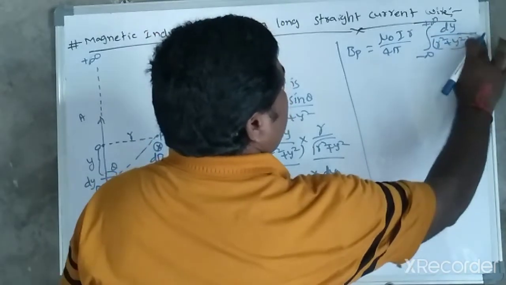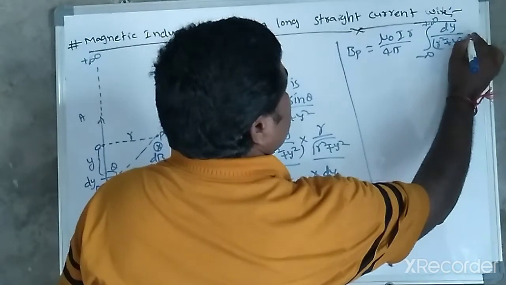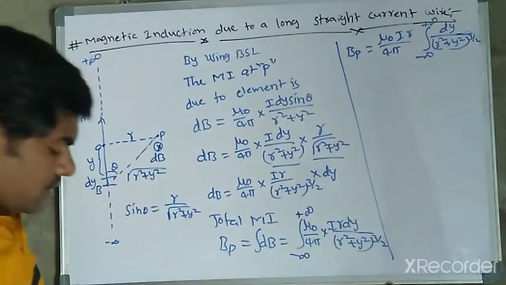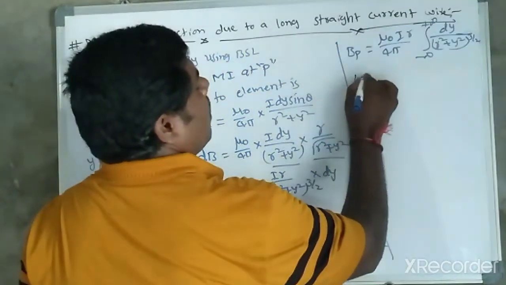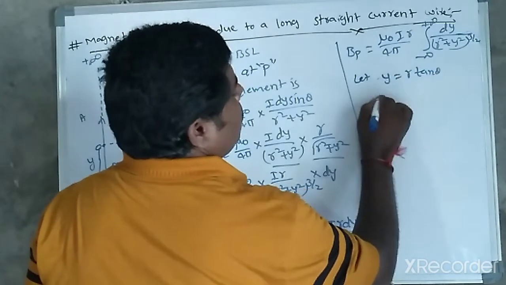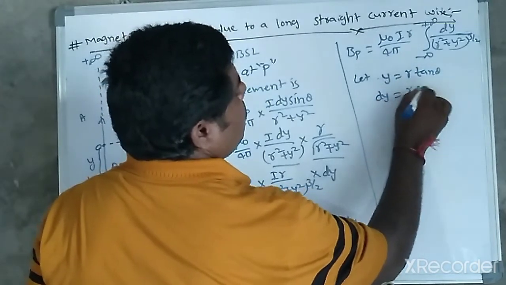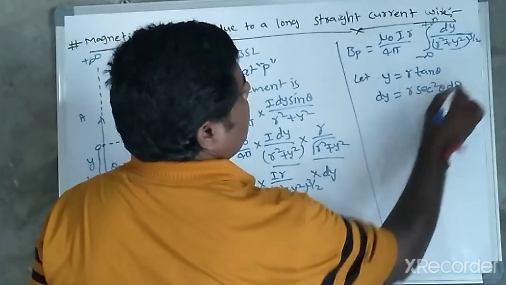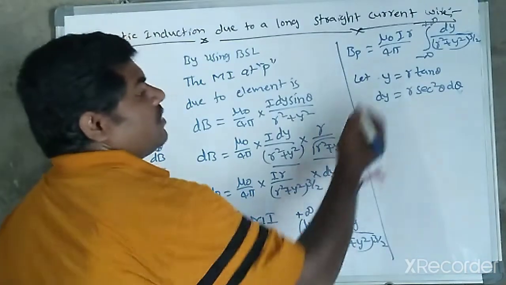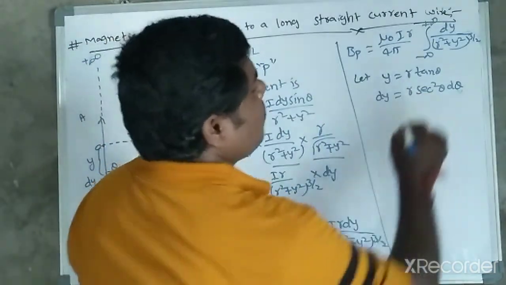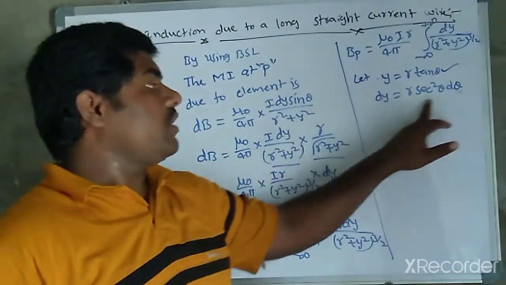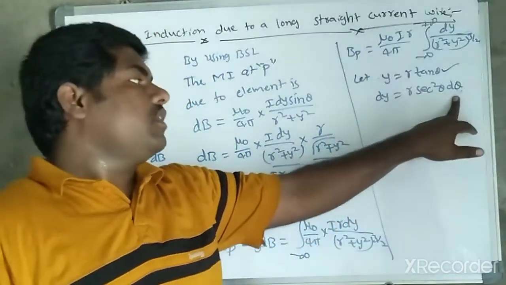This value is highly difficult to integrate, so let us consider y equal to R tan theta. Differentiating this equation with respect to theta, you will get dy equal to R into secant squared theta d theta.